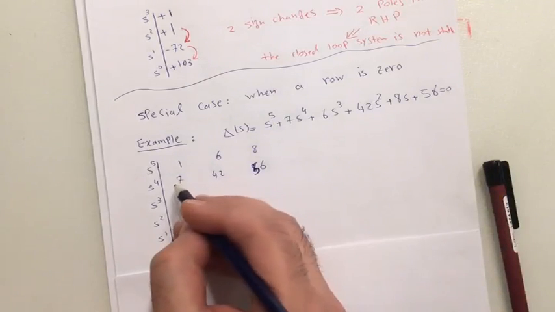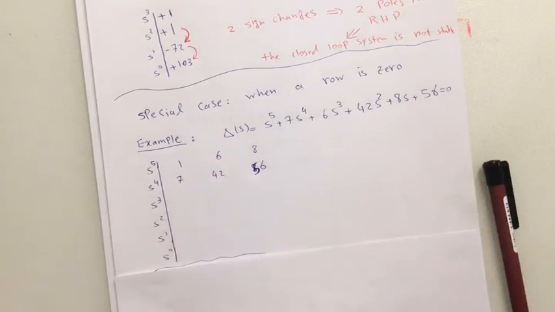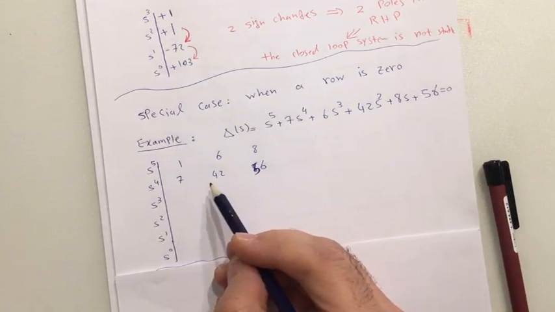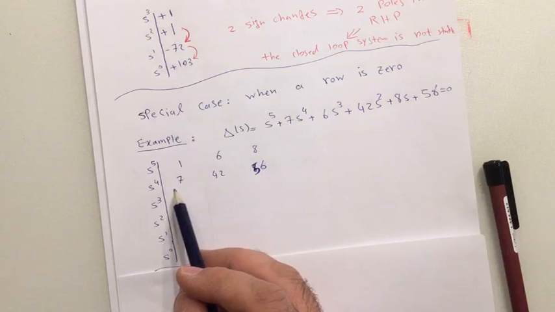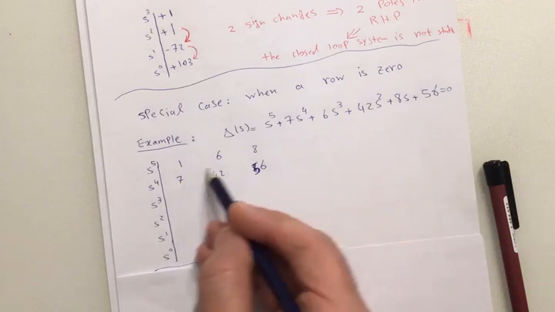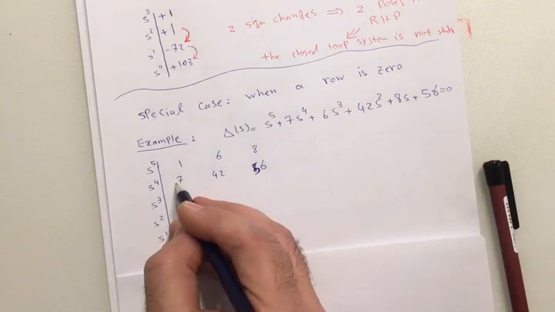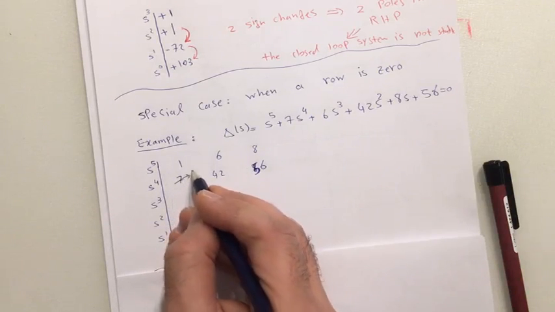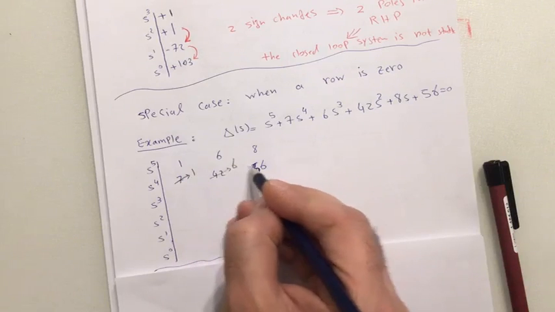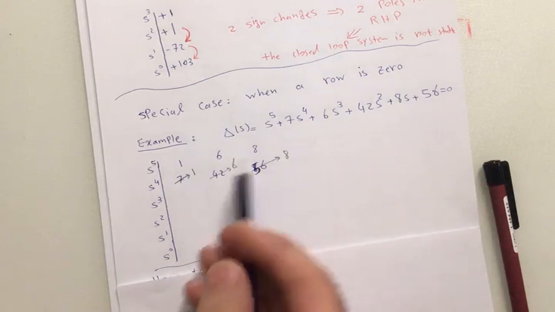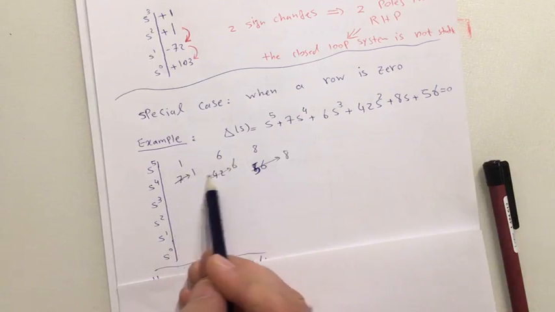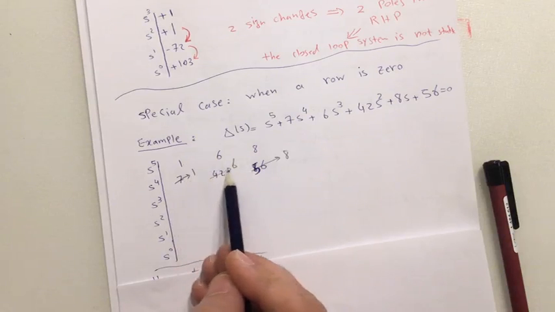As I said, you can divide the elements of a row by a number, and this is the case here because our elements can be divided by 7, so we will get 1 here, 6 here, and 8 here. As you can see, you have a row 1, 6, 8, and the next row now is the same, 1, 6, 8.